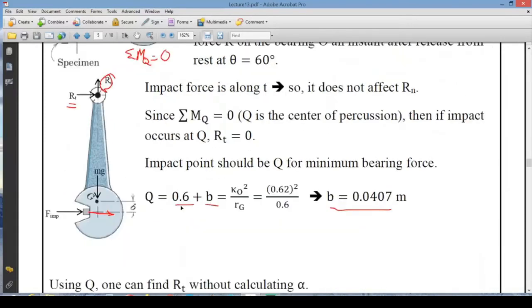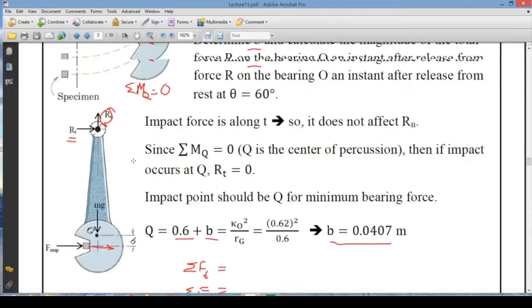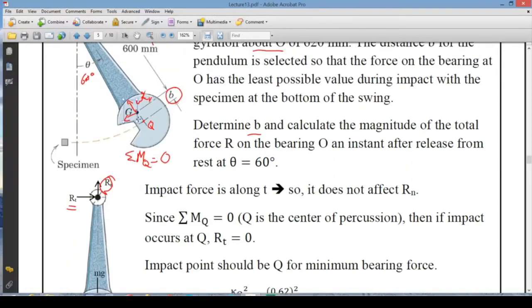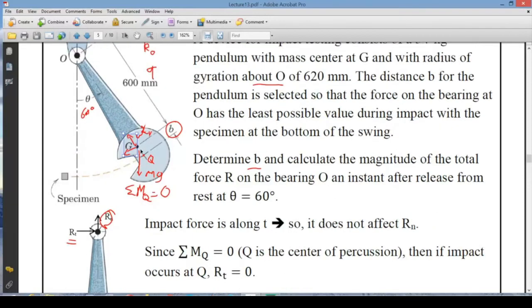Just after the release, we can write two equations, summation of forces in the tangential direction, summation of forces in the normal direction. Now, in the tangential direction and normal direction, what else we have is the mass times the gravitational acceleration, and it's going to have a component in the normal direction and a component in the tangential direction, and as we know the angle theta, we can calculate that.